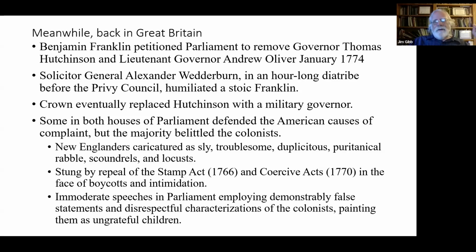Adams shared it with leadership in the General Assembly of Massachusetts. Eventually, by the summer of 1773, they were published in local newspapers. This got back to Parliament, and they were really peeved at him. But anyway, Benjamin Franklin there is petitioning them to remove the governor and lieutenant governor.